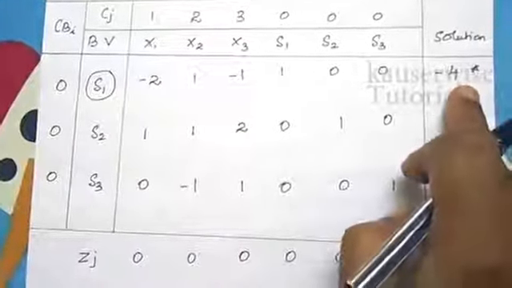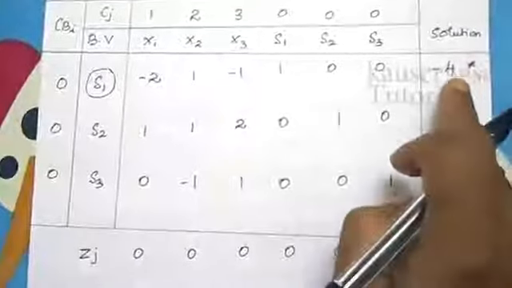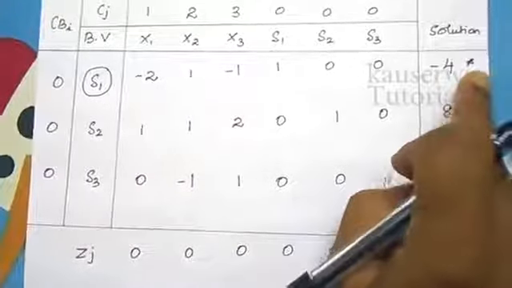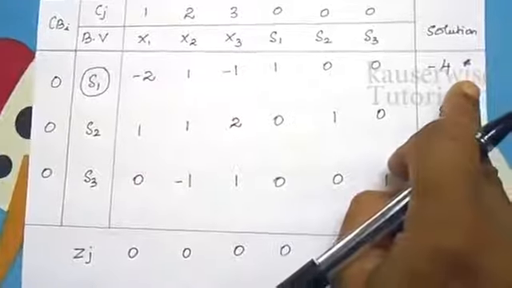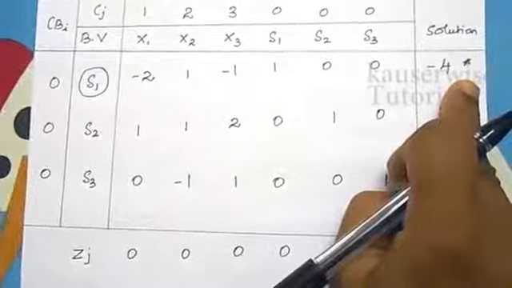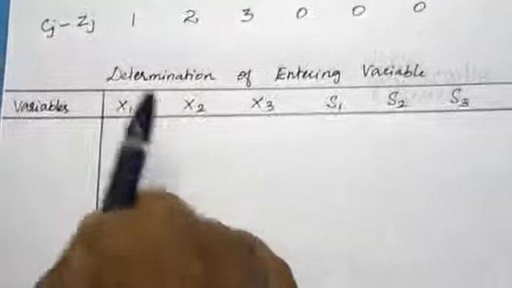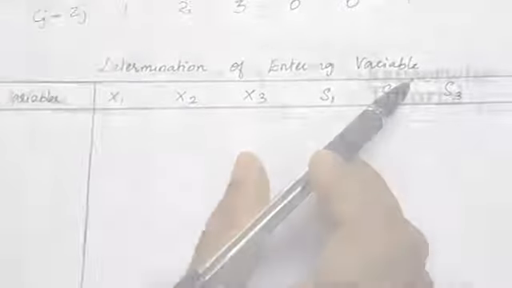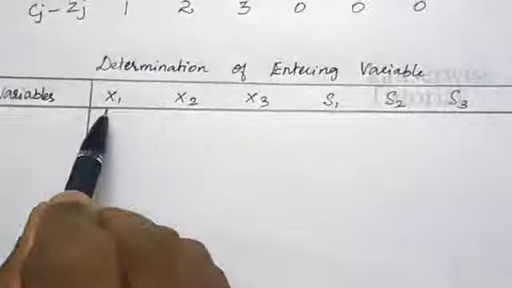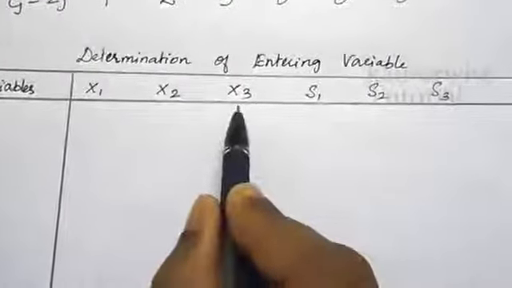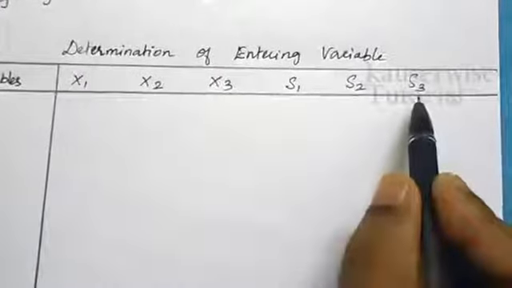Now we need to find the entering variable. For the entering variable, we follow one simple procedure. Let us see the determination of the entering variable. This is the format. The variables are X1, X2, X3, S1, S2 and S3.